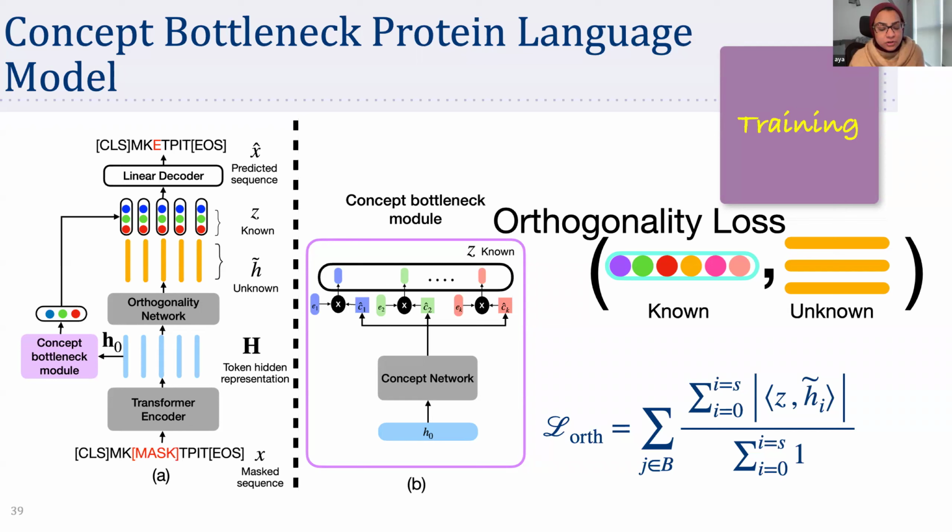So here you give the entire sequence and you have one CLS. The properties in this concept bottleneck are going to be on the entire sequence. If you want properties on a very short subset, then you just give it a very short sequence. But right now we just assume that we are adding properties for the whole protein, not a subset.